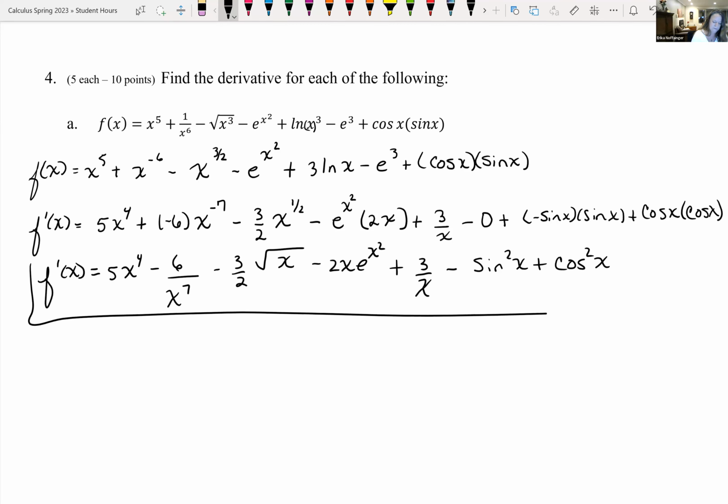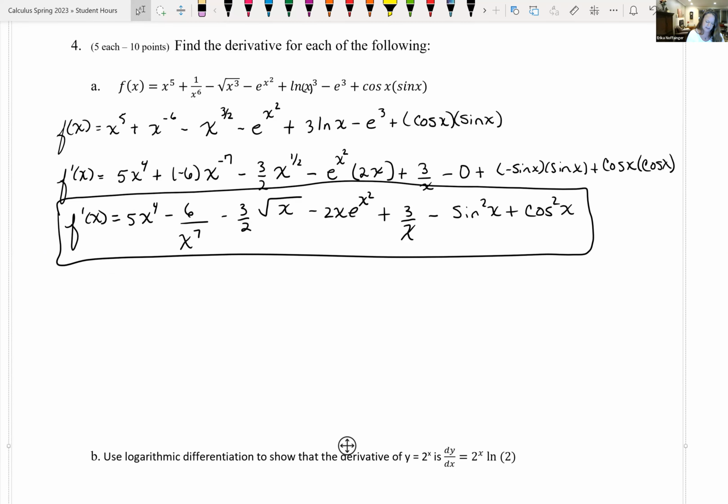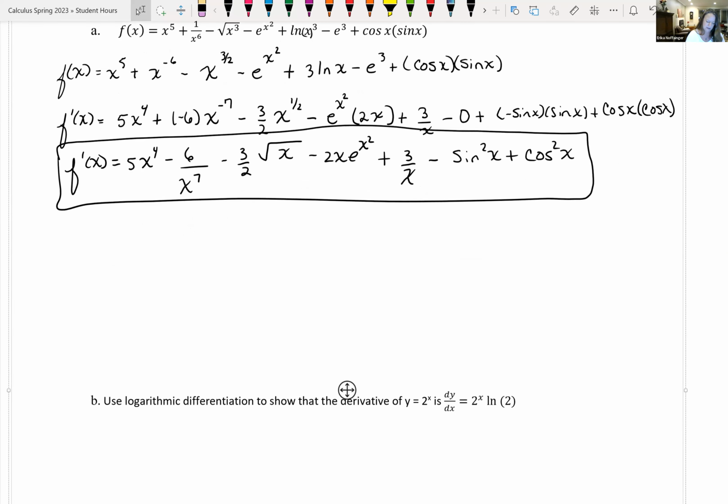One more question. Use logarithmic differentiation to find the derivative of the following. Oh, I'm sorry, I didn't read that correctly.